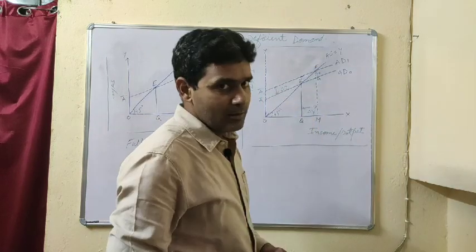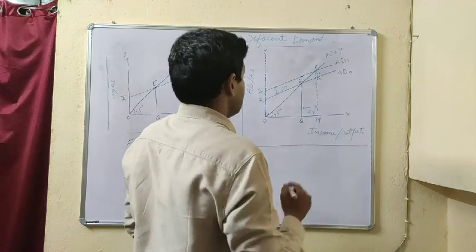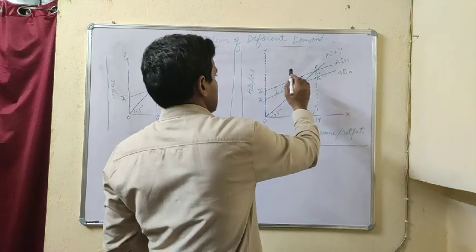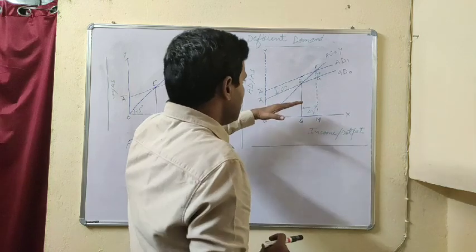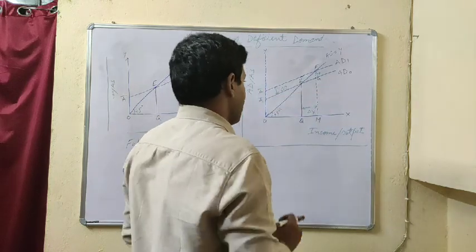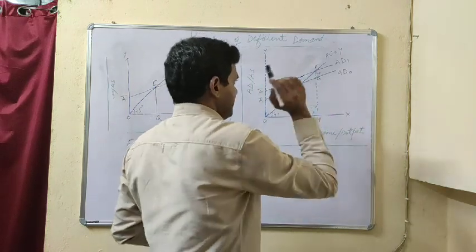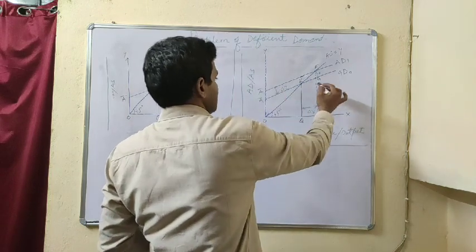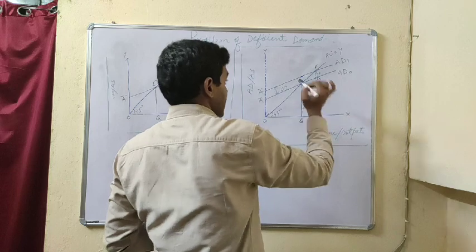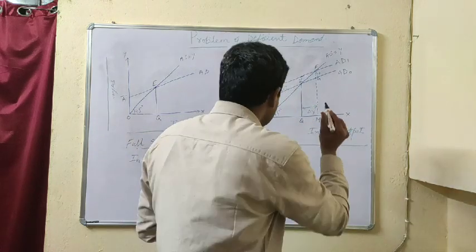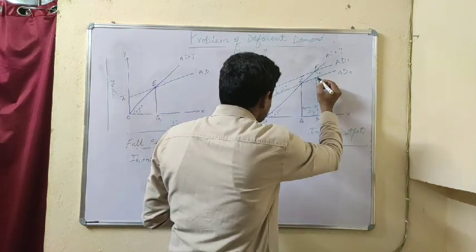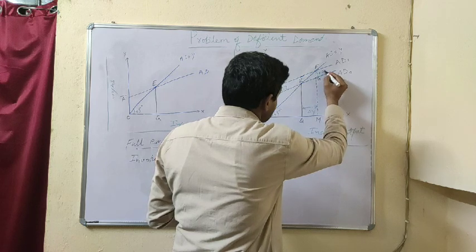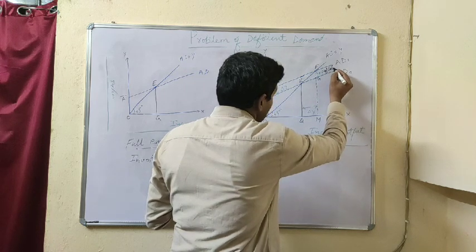At this point the aggregate supply is Fm, but the aggregate demand is only Gm. So this is the gap. This gap is known as deflationary gap.